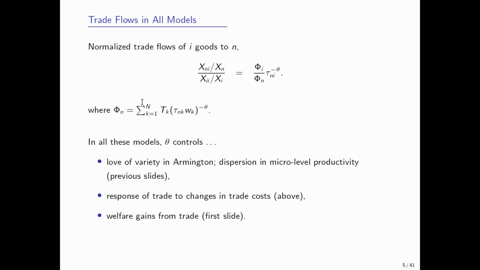Okay? So let me just give you the notation for these models and how they relate to each other. Despite the differences in all the micro predictions, these models collapse on aggregate to one equation, and that equation is written on the slide here.